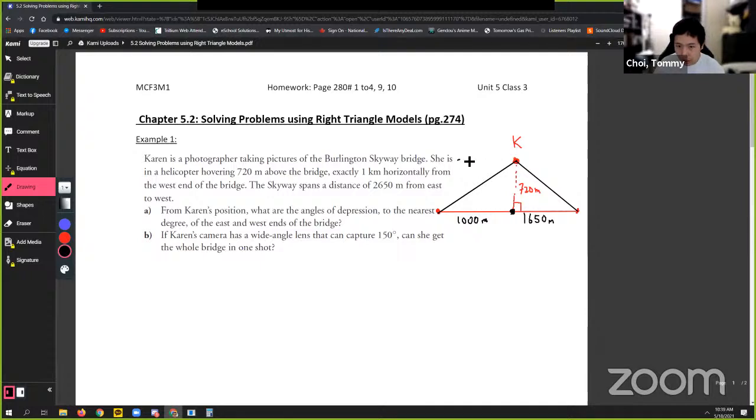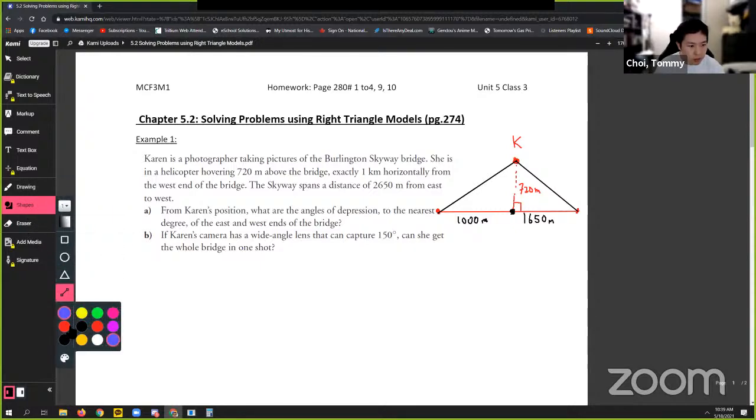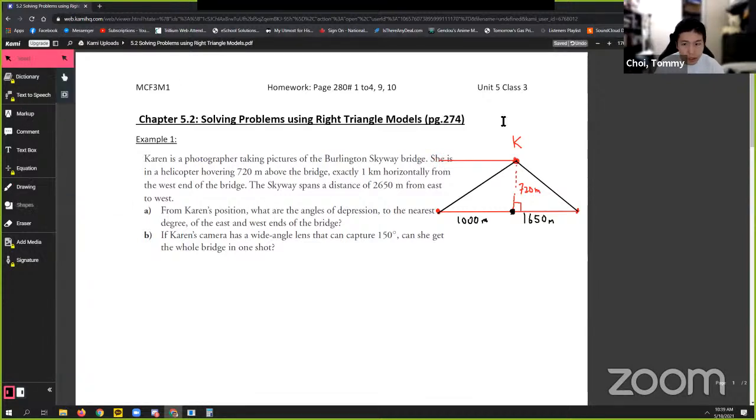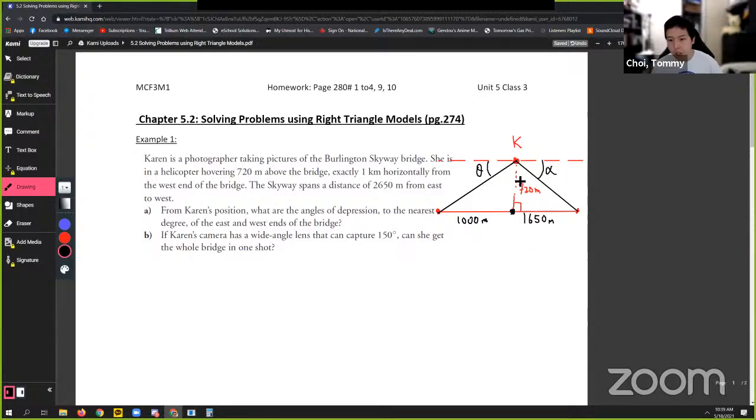So if I draw a flat horizontal dotted line going across like so, you can see how this diagram could get kind of messy if you don't neatly draw it. Essentially, it's asking for what's theta and what's alpha? These are the two angles of depression it's asking for.